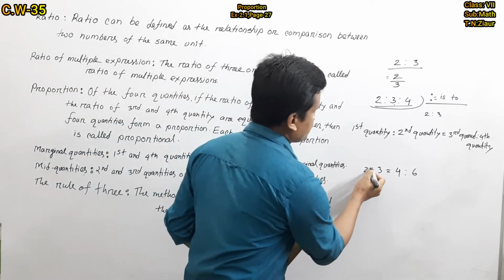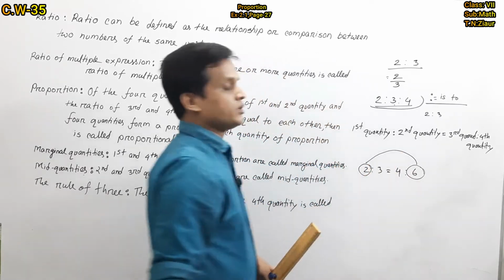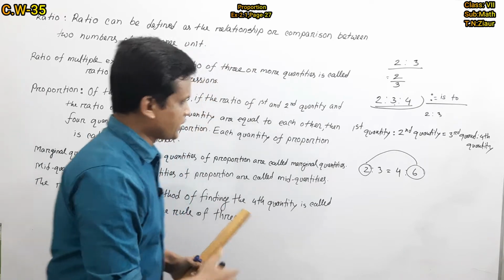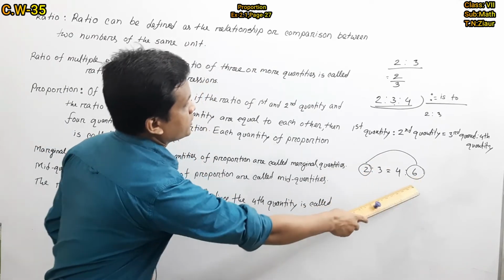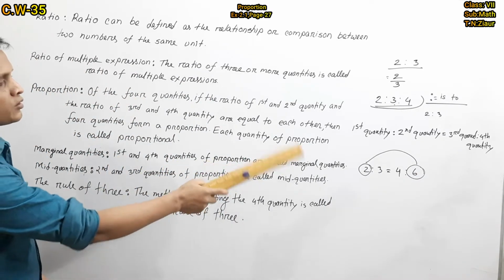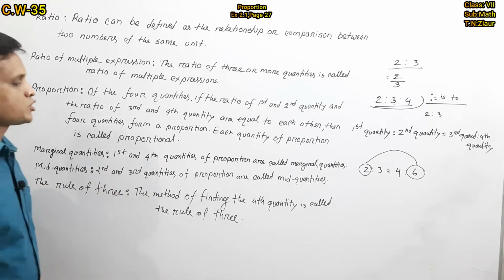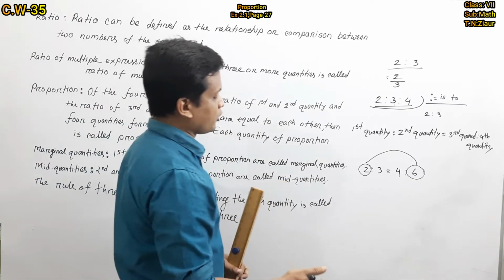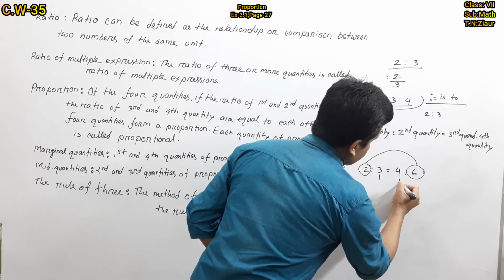The first quantity is this one and the fourth quantity is this one. These two quantities are called marginal quantities. Clear? First and fourth quantities of a proportion are called marginal quantities. Now mid quantities. The second and third quantities of a proportion are called mid quantities. This one is second and this one is third.